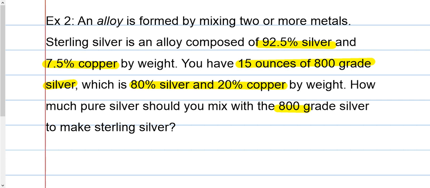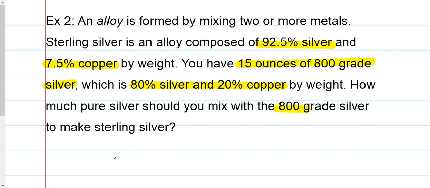Okay, so we need to go back and think about what we were given. And in the problem, it says that sterling silver is composed of 92.5% silver and 7.5% copper. Well, we're given a mixture that we have.